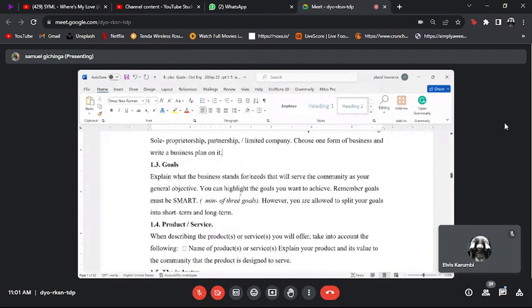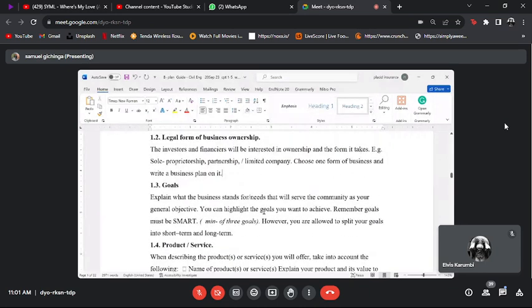1.3, I want you to indicate the goals. But before then, I want you to understand what is a goal. Many people say I have a goal, but they don't know what it entails to have a goal. So you are allowed to split your goal in 2 forms, short term and long term. But before then, I want you to understand a goal.